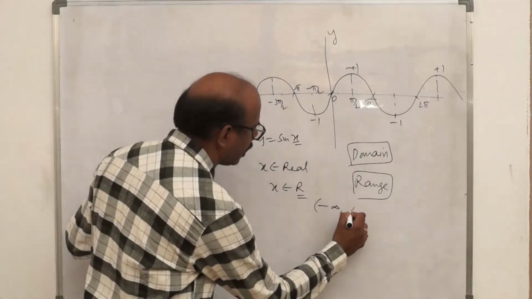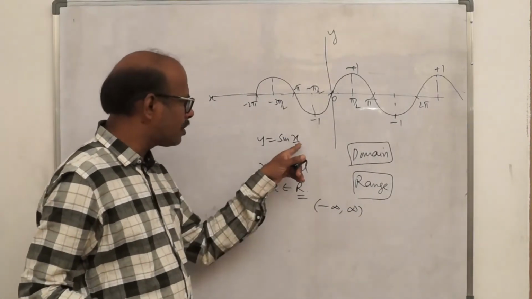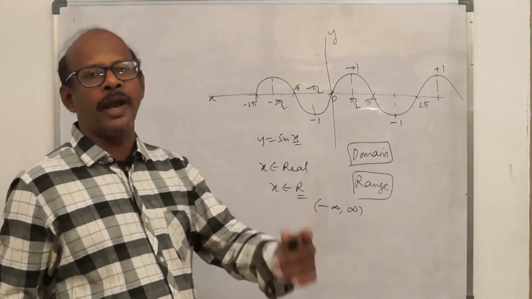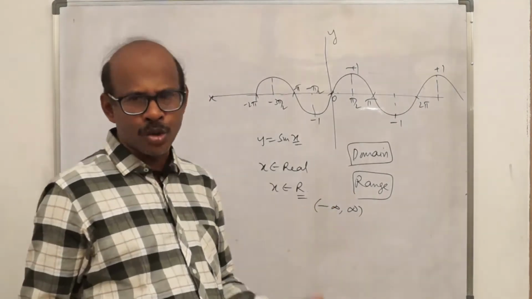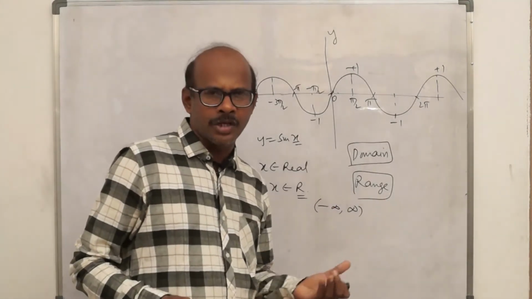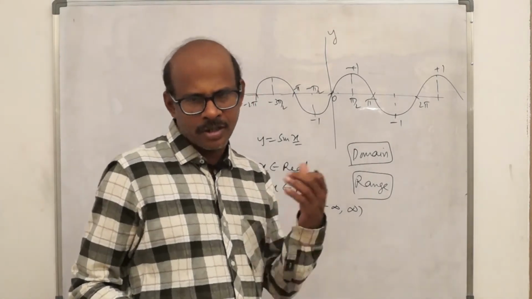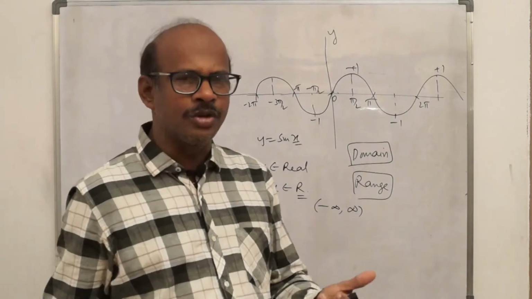If you put any real value from minus infinity in place of x, sin is defined, by knowing allied angle knowledge, the method of allied angle conversion. For odd multiples of 90 there is a change for sin, for even multiples of 90 there is no change.